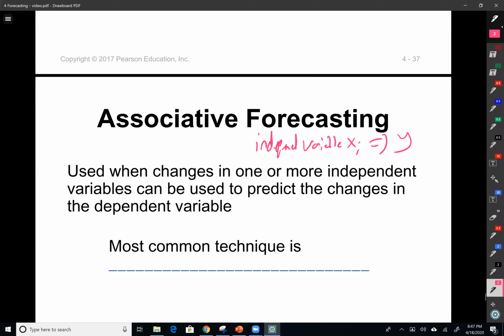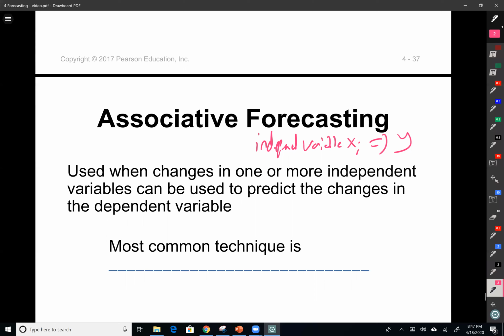For example, if you spend more money in marketing, you expect to have higher sales. That's your independent variable, marketing spending, or R&D spending, or transportation costs, whatever it might be. So you can use those as independent variables, and then you forecast your demand.